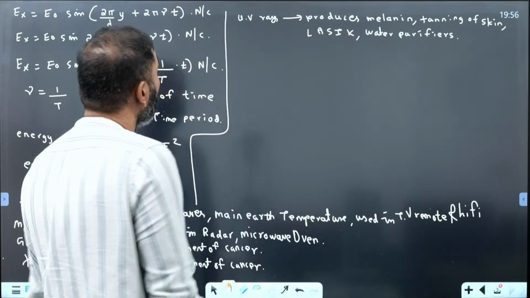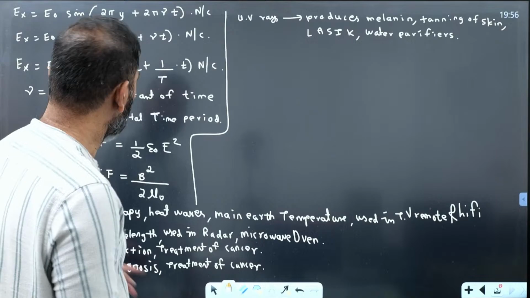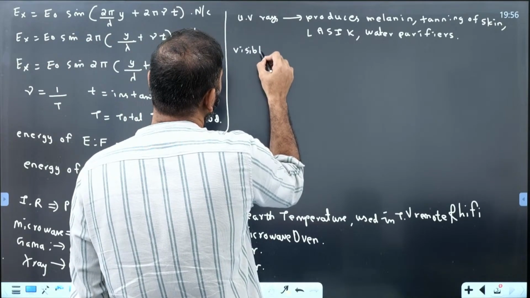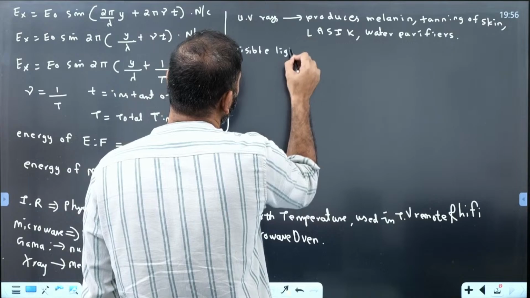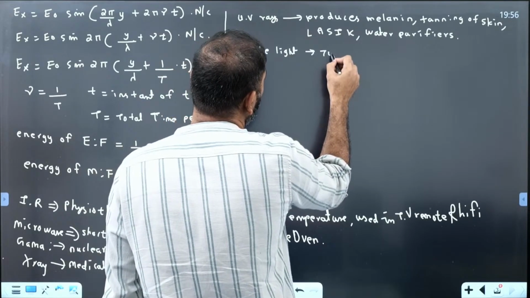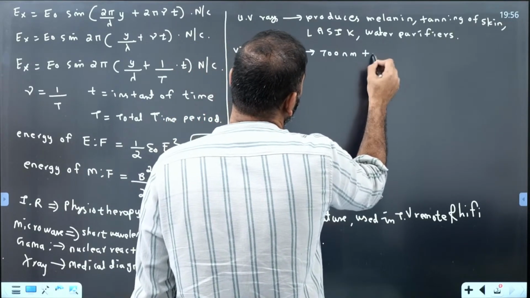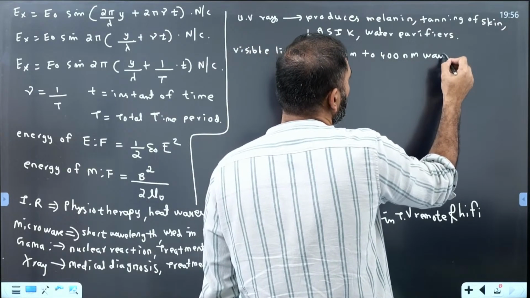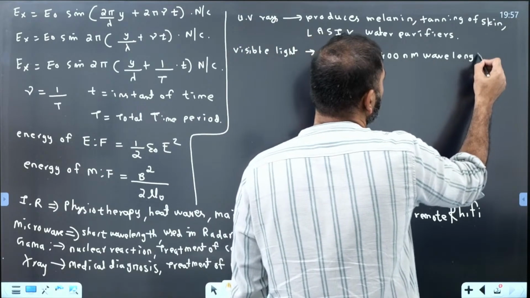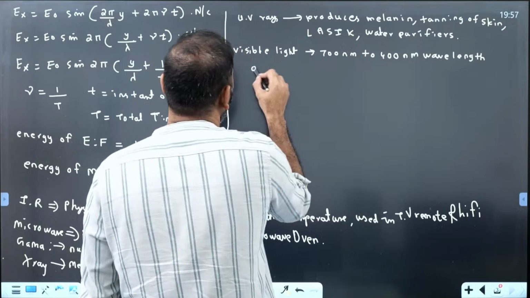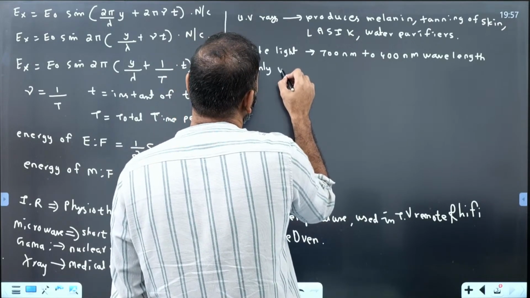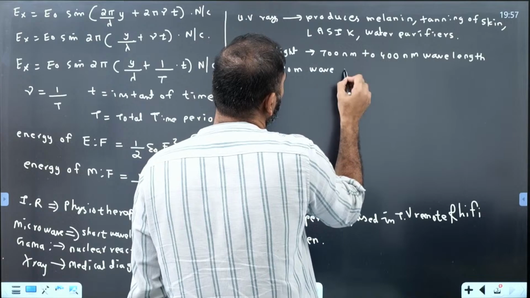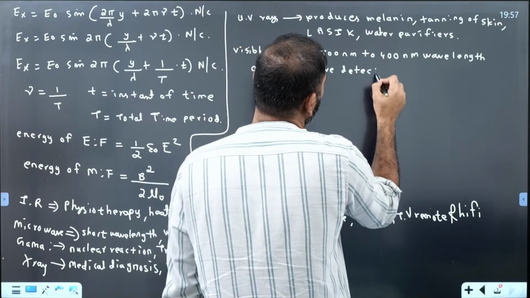Then visible light, 700 nanometer to 400 nanometer wavelength. Only EM wave detectable by the human eye.